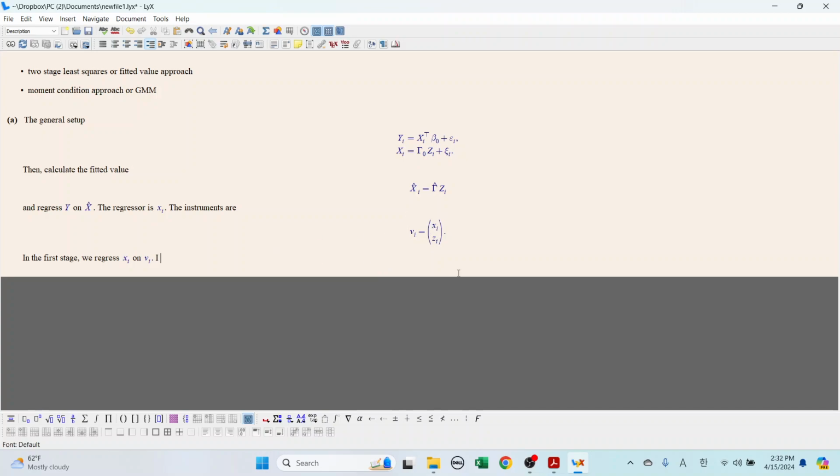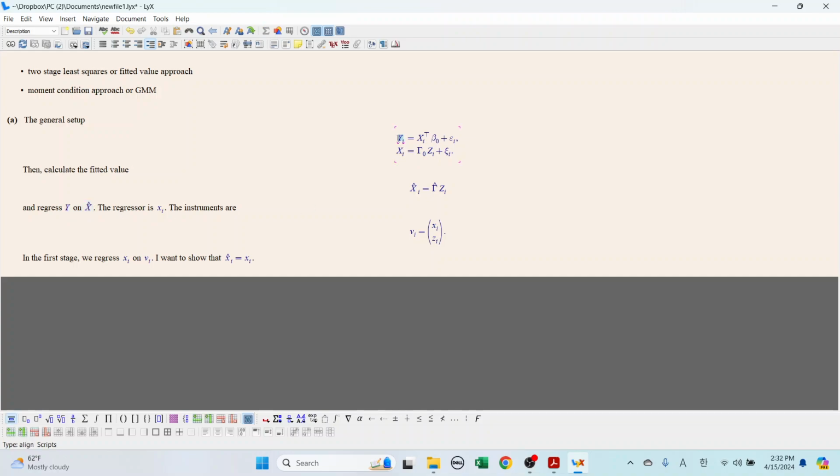What I want to show is that the resulting fitted value will be the same. If the fitted value from this regression is the same as x, so there is no residual, then the second stage regression will be the same.